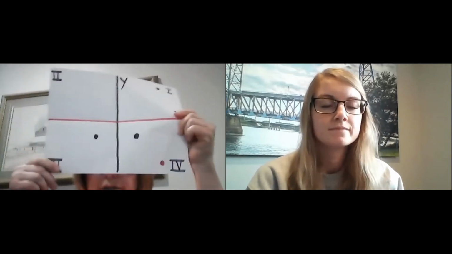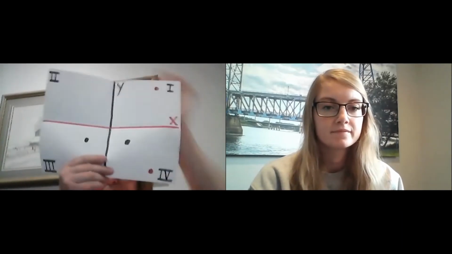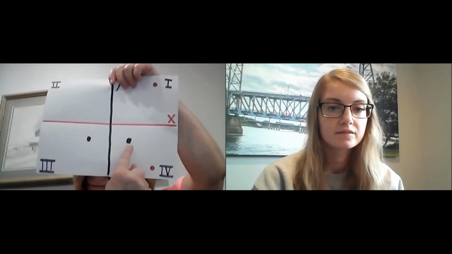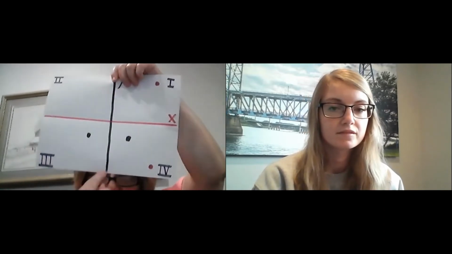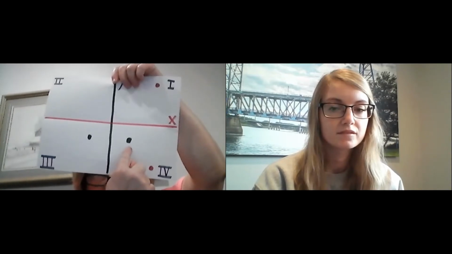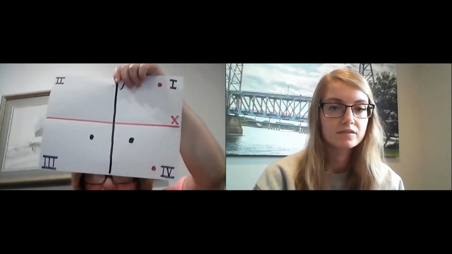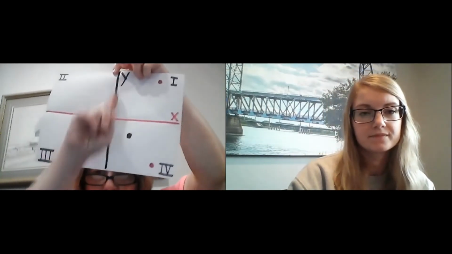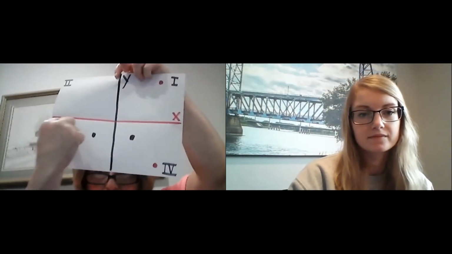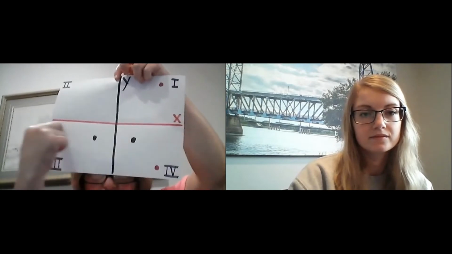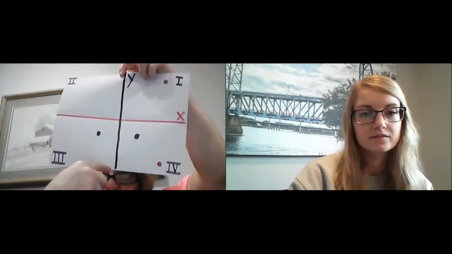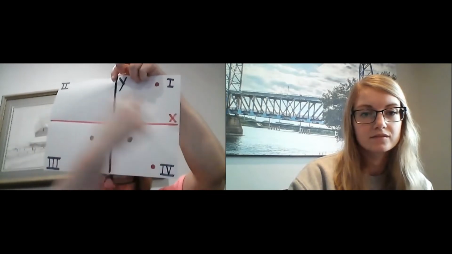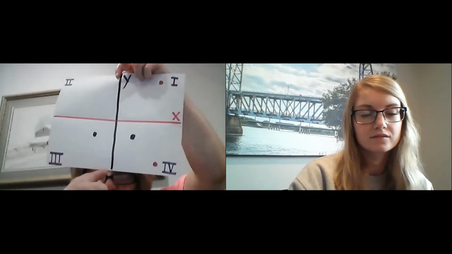So now you can see this is the point that I started with here, and it reflected over the y-axis to my other quadrant. Now, when we reflect, remember we have to read very carefully to know which axis we're reflecting over. This is always the x-axis, and this is always the y.